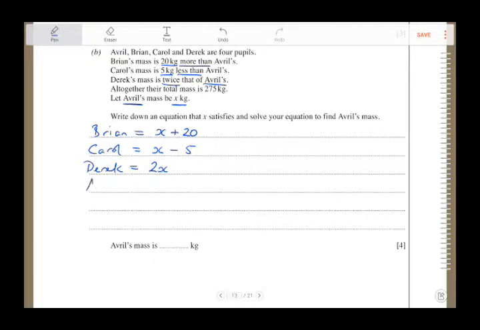And we know Avril is X. We know as well that altogether total mass is 275 kilograms. So whenever you're forming and solving an equation like this, they always give you an absolute fact. And that's the absolute fact in this, that all of them add up to 275.